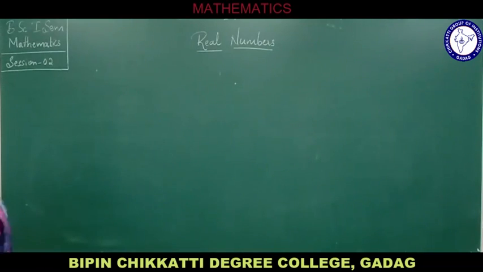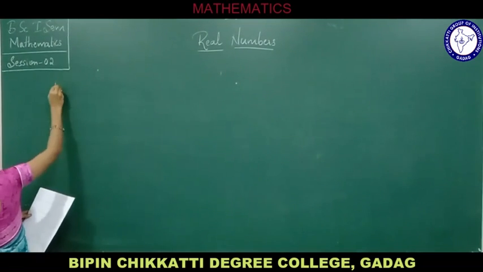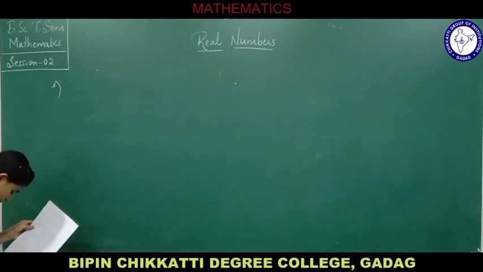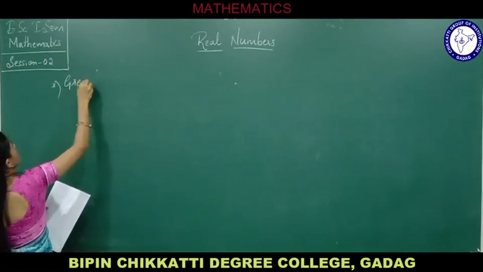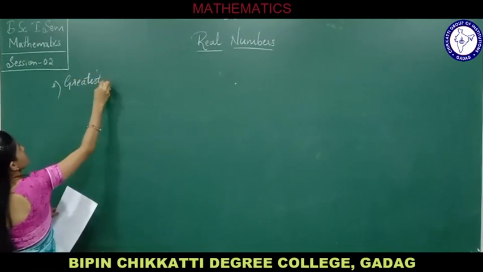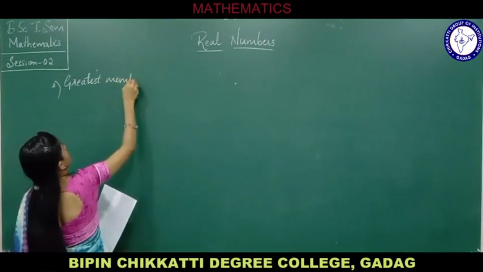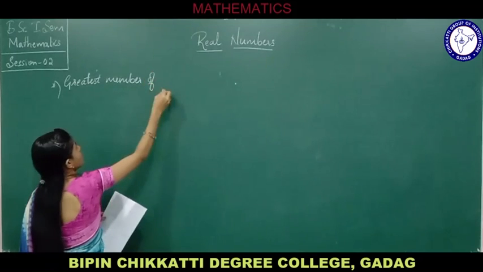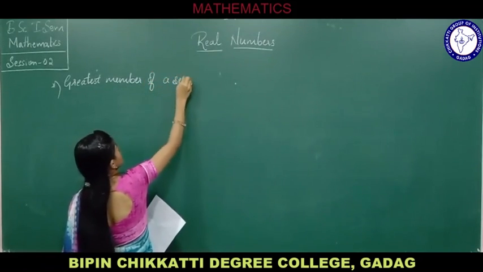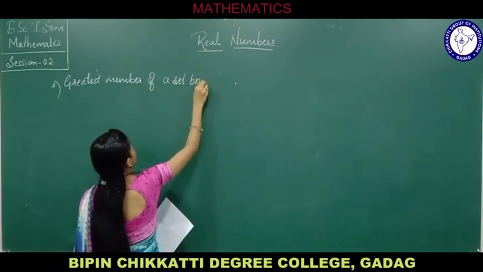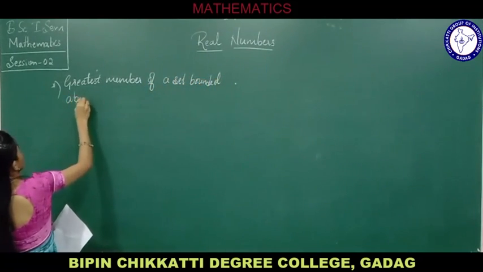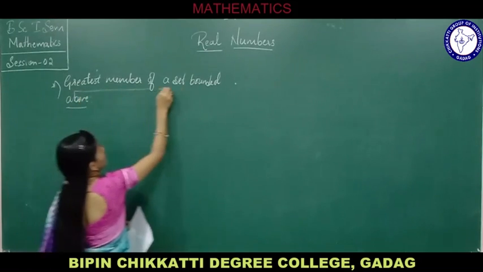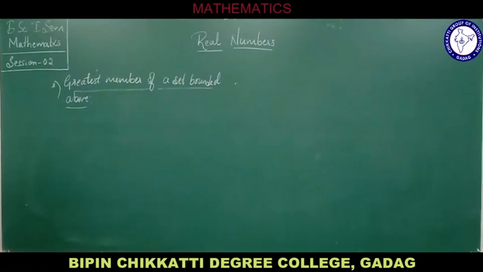The greatest member of a set bounded above. Okay, how are we going to define it?